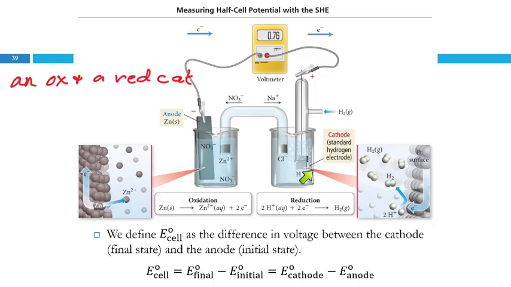Because reading left to right, an ox, red cat. This is the anode, that's the cathode. So this is initial, that's final. The cell potential is going to be the potential at the cathode minus the potential of the anode. So the 0.76 is that difference.